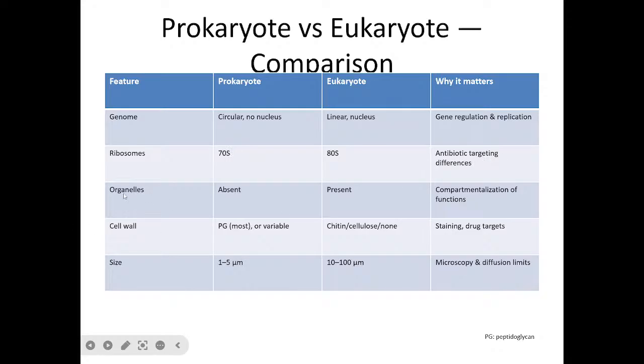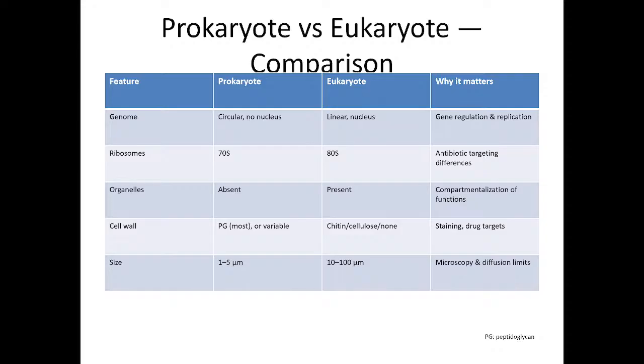Okay, then I told you that organelles, small organs like mitochondria, chloroplast, endoplasmic reticulum, Golgi apparatus, are completely absent in prokaryotic, but in eukaryotic they are very much present. Because they have compartments, they have a wall, they have a membrane. That membrane is responsible for compartmentalization.